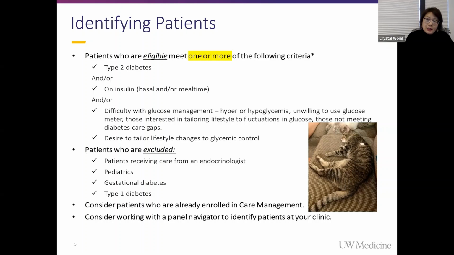And let me make it clear that this CGM program is not just about who gets a device, it's also about who's going to get the clinical staff support. This is where the medical eligibility criteria are quite important, because we are asking the nurses and the dietitians to work within a standard protocol, with standard billing codes and expectations around what happens at visits. It can be tempting sometimes to bend the rules, like, well, this one person doesn't meet the criteria, but it really seems like it'd be a good fit.